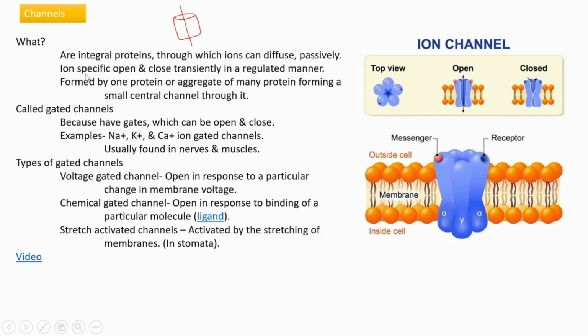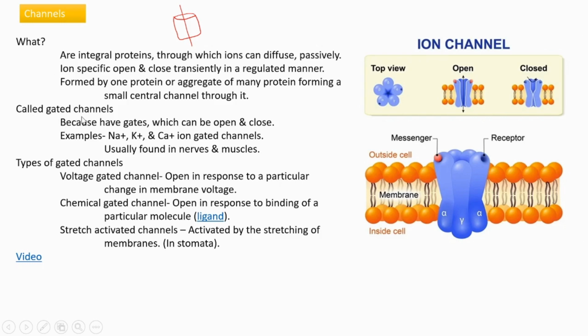These channels are ion specific. For particular ions, there will be particular channels. They can open and close depending upon certain stimuli. Sometimes a channel is formed by a single protein, or sometimes by an aggregate of many different proteins having a central channel through it.